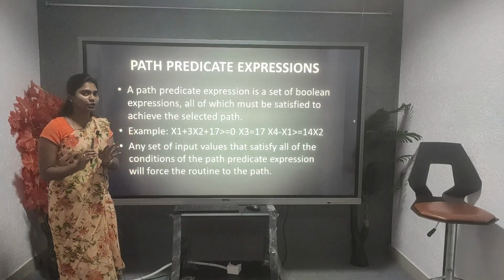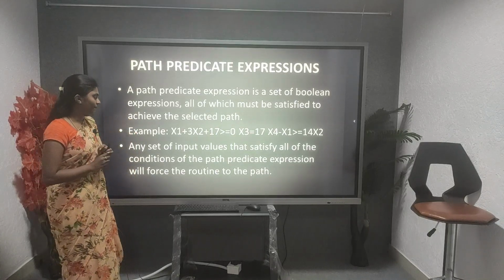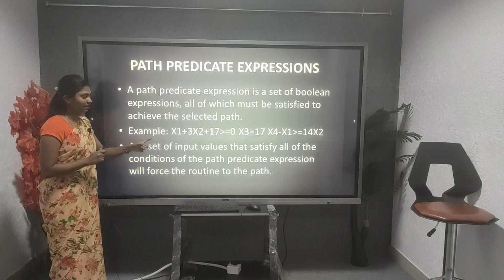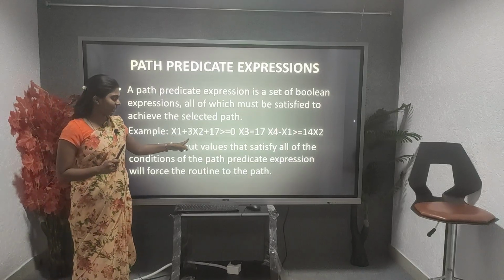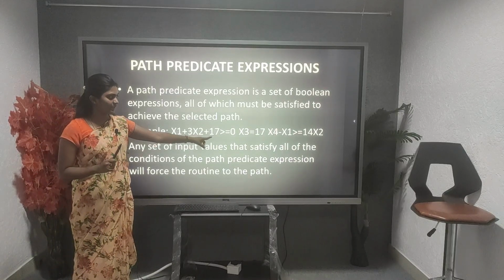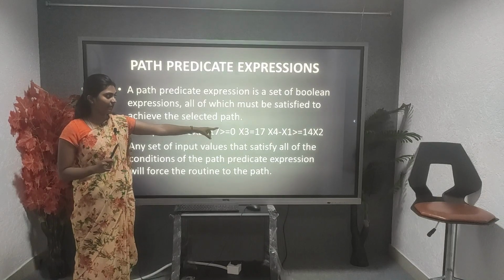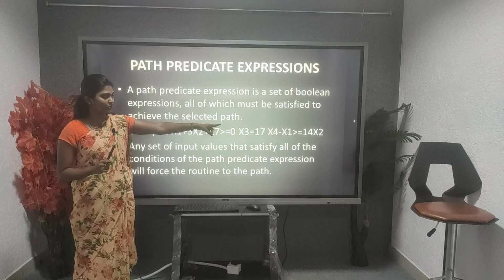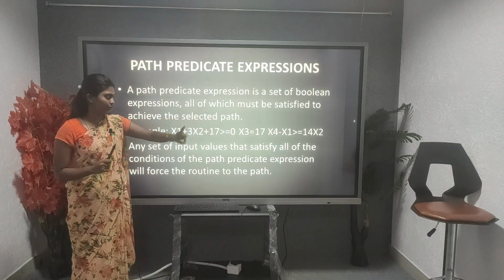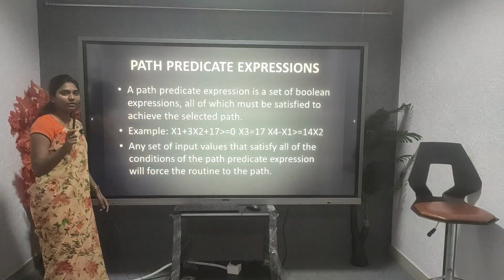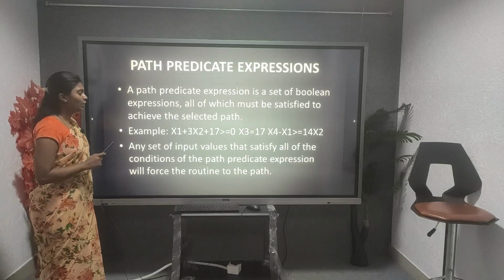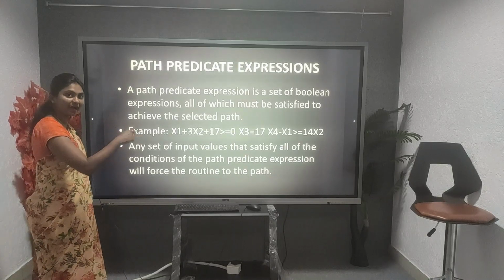For example, x1 plus 3x2 plus 17 greater than 0. Another one, x3 equals x4 minus x1 greater than 0. These are the two equations, or two functions, that I am going to use.